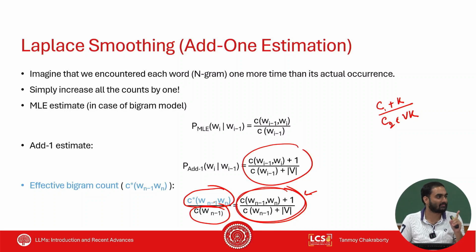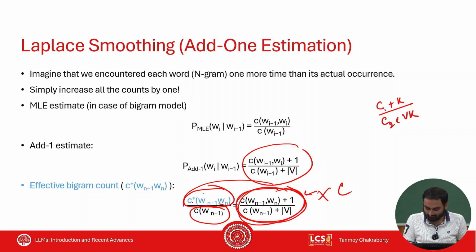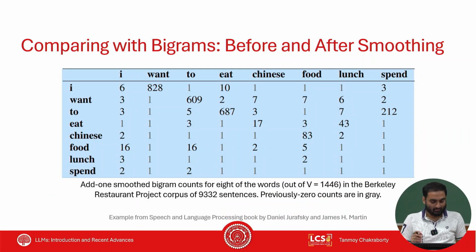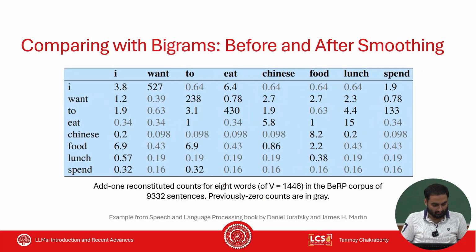I only changed the bigram table. The unigram table remains the same. So C star is my resultant bigram count. If you do the math, C star is essentially this times the unigram count. This is your new bigram count table.